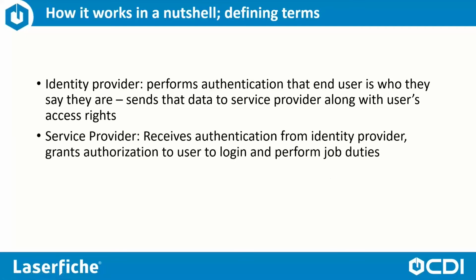Our service provider, in our example, Laserfiche, will receive the authentication from that identity provider and then grant authorization to the user to actually go ahead and log into Laserfiche and perform whatever duties their role details.